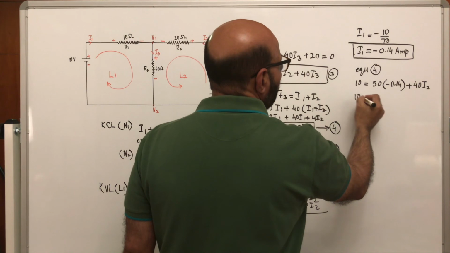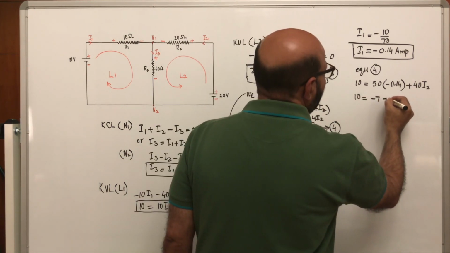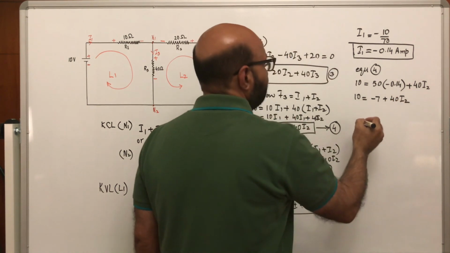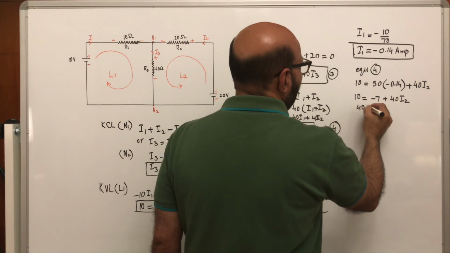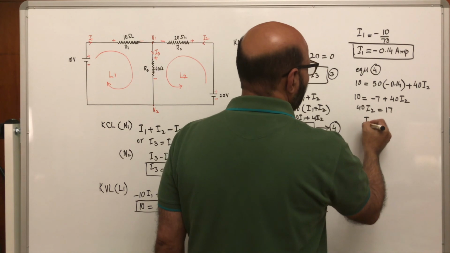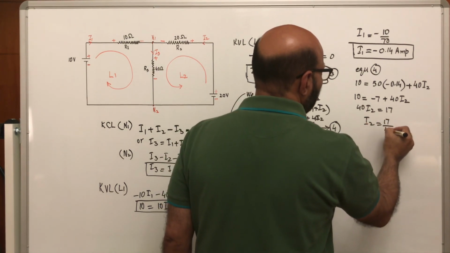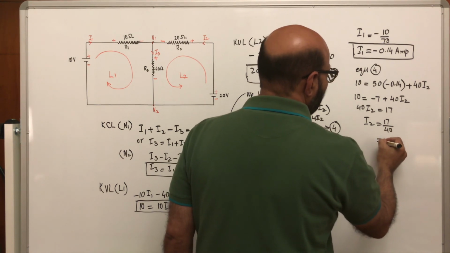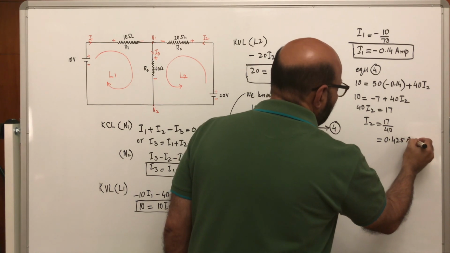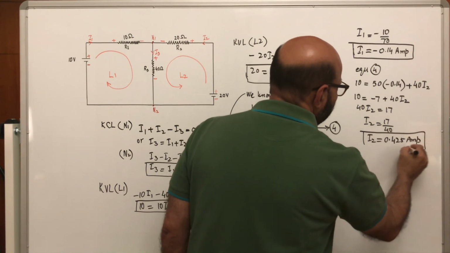So 10 equals minus 7 plus 40I2, or 40I2 is equal to 17, or I2 is equal to 17 over 40, which is equal to 0.425 ampere.